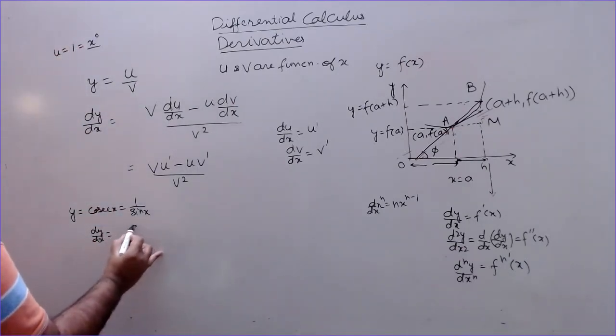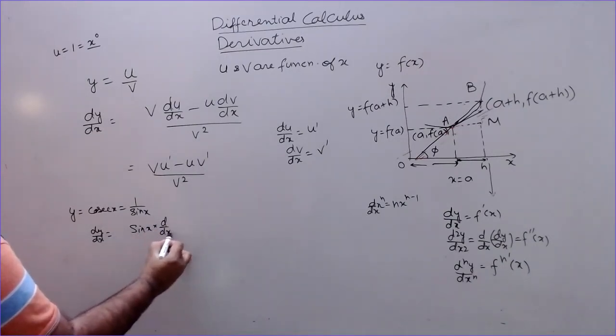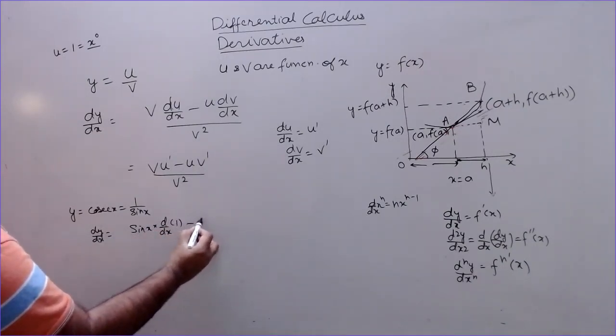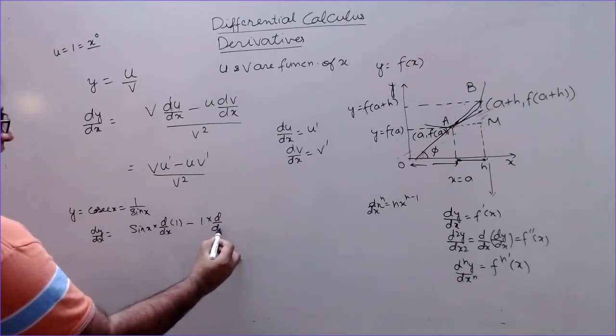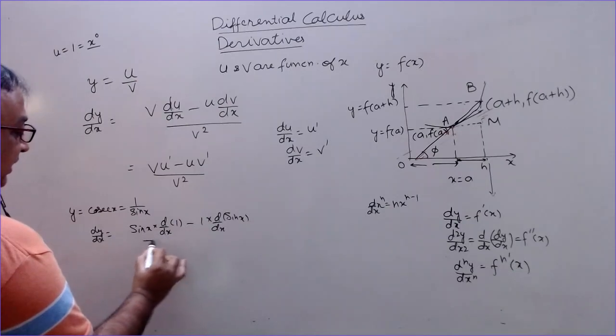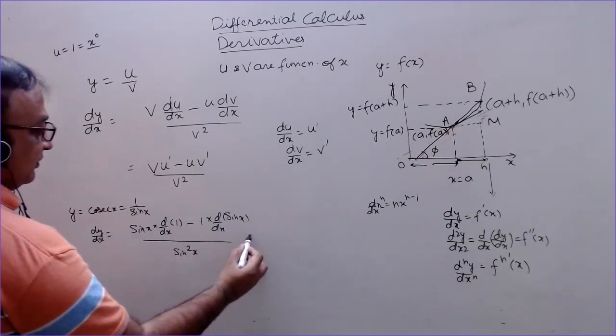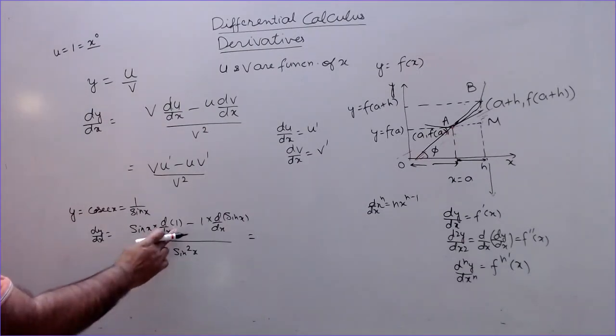This is sin x into d by dx of the constant function 1, minus 1 into d by dx of sin x, divided by v square, sin square x. The derivative of 1 is 0.